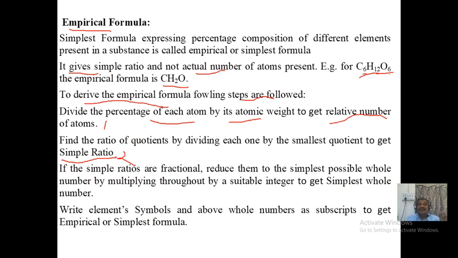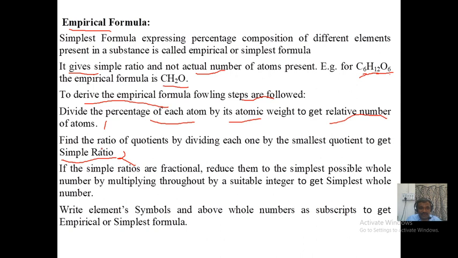Out of the 3 or 4 relative numbers of different atoms that you got, find out which one is the smallest, and then for all the other atoms, whose relative number is on the higher side, you divide the relative number of all the elements by the smallest one from step number 1, which is going to give me the simple ratio.